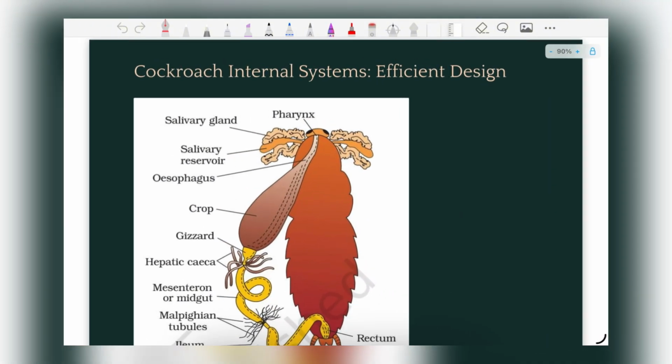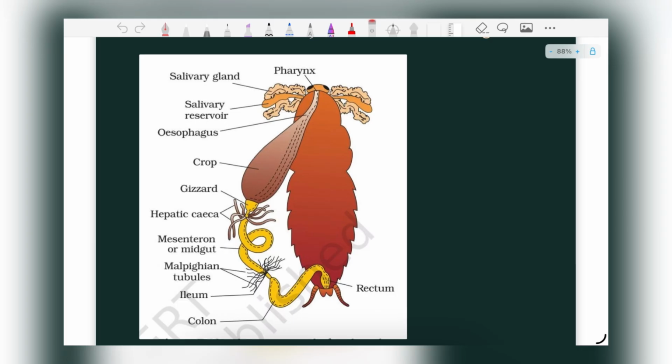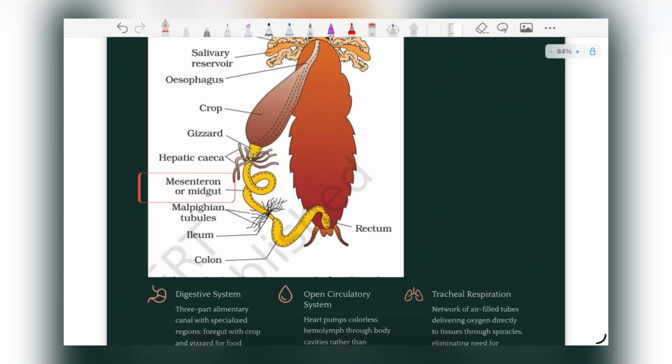Cockroach internal systems, efficient design. The pharynx, salivary gland, salivary reservoir, esophagus, crop, gizzard, hepatic caeca, the mesenteron or the midgut. This is asked in the NEET. Then Malpighian tubules, ileum, colon, and rectum.